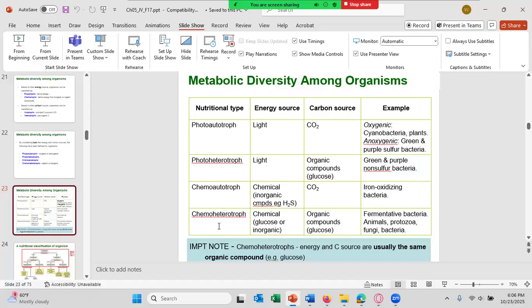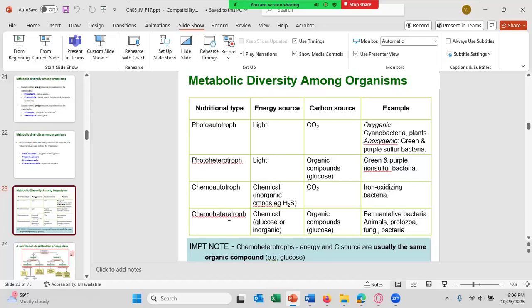So some of the chemosynthetic bacteria are chemoheterotrophs, which are different than animals because animals get their energy source only from an organic chemical compound such as glucose. And the chemosynthetic bacteria can get it from an inorganic chemical compound.